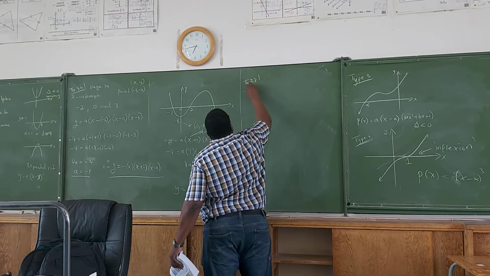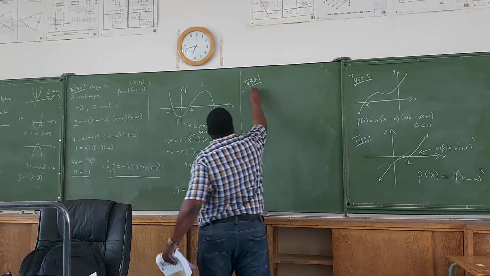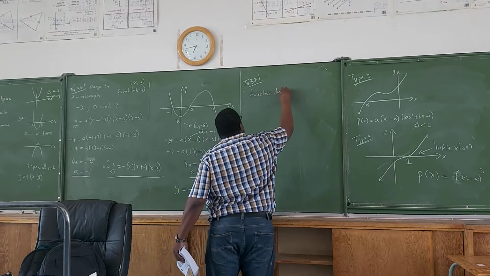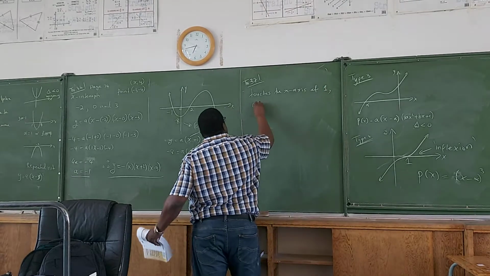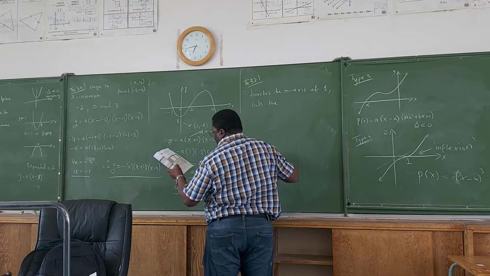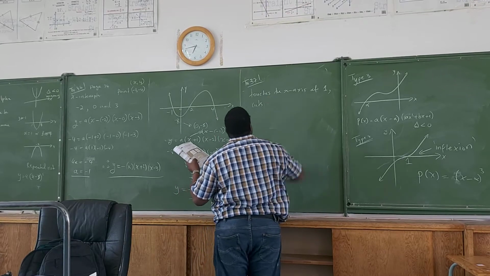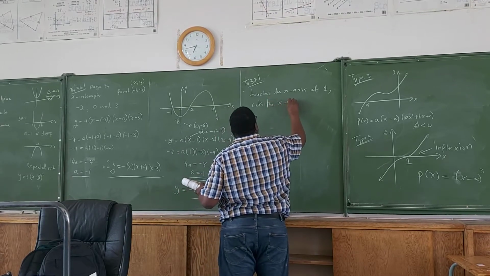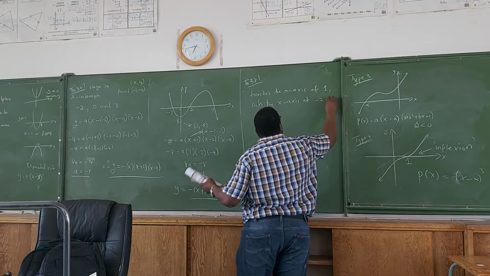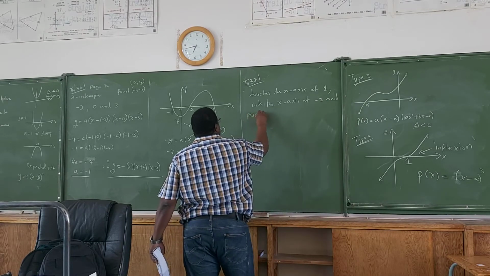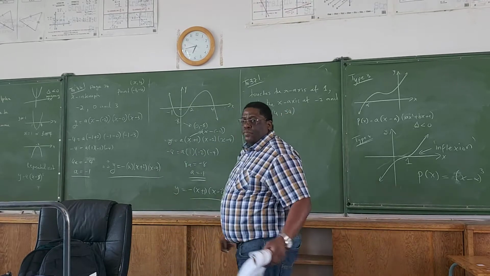Try now 37, it says, find the equation of the function which touches the x-axis at 1, and it also cuts the x-axis at negative 2, and passes through the point 4, 54.